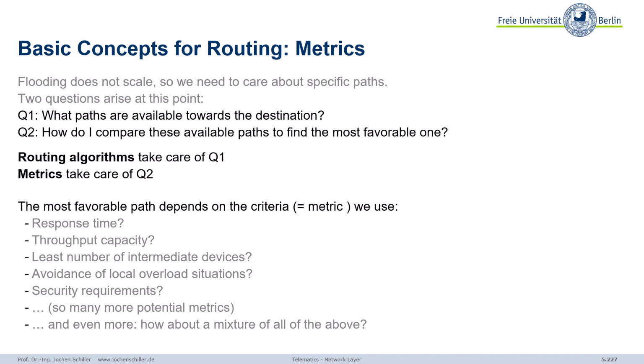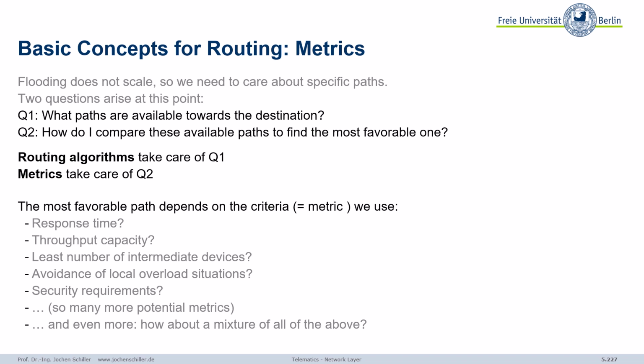There are so many potential metrics that, for example, in battery-driven devices, we can use as metric a path with the lowest energy consumption, or using only nodes that have enough capacity in the battery, etc. So that's the idea.